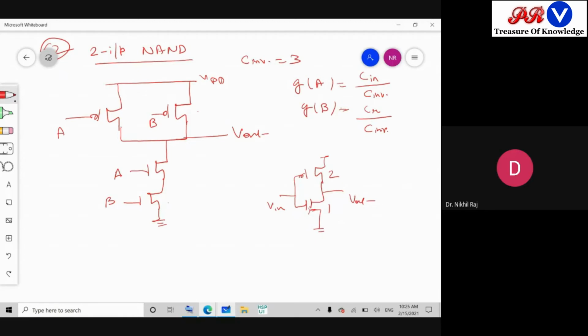We know R is proportional to 1 by W by L. So using this relation, R of X gate divided by R of inverter will be equal to W by L of inverter at the top, and W by L of X at the bottom, since it is inversely proportional.